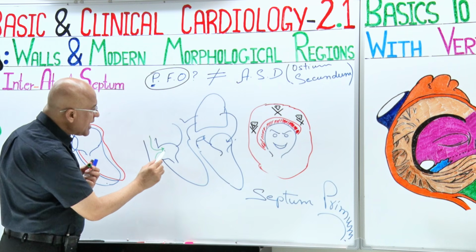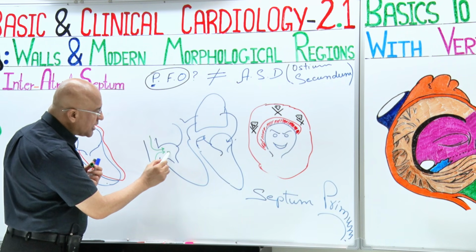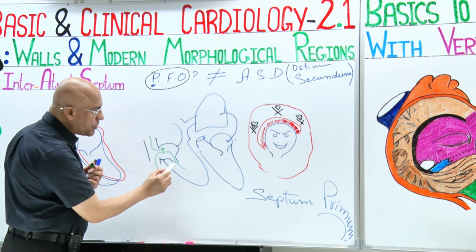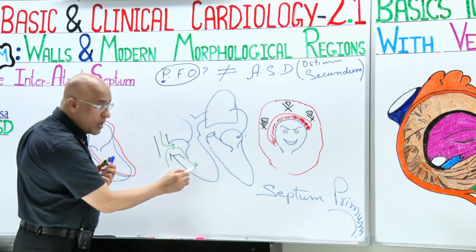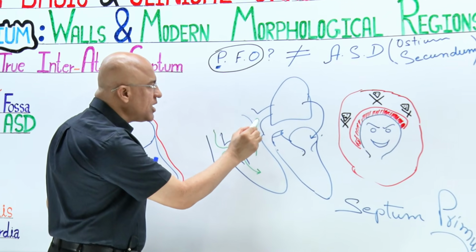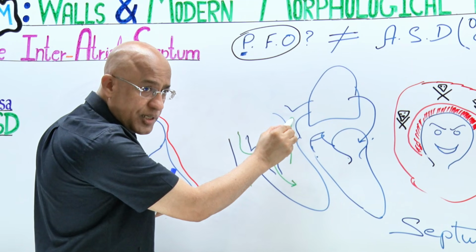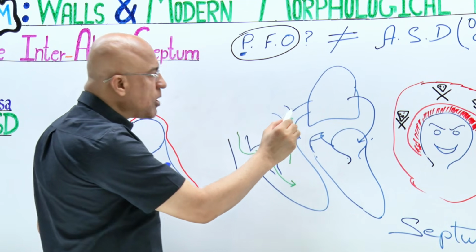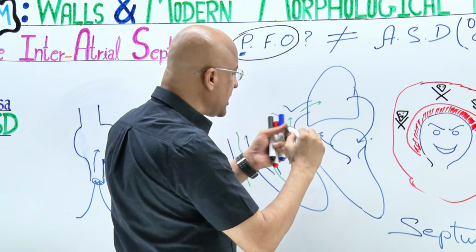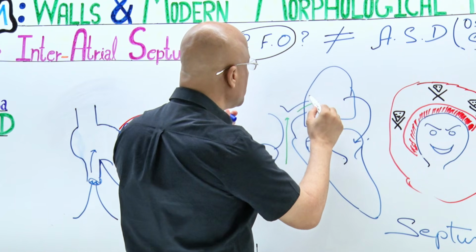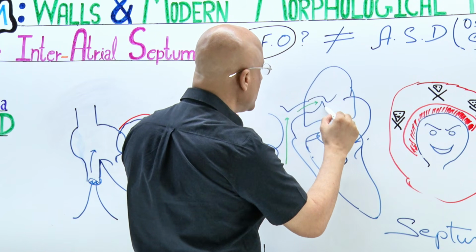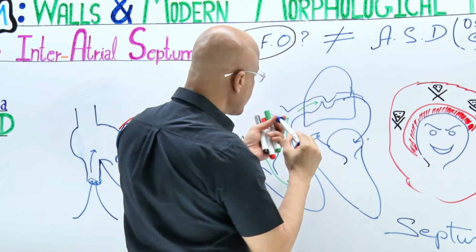Blood goes from the right atrium through the tricuspid valve to the right ventricle. From there it is pumped into the pulmonary artery, right? And the pulmonary artery takes the blood to the pulmonary capillaries, the pulmonary microcirculation.